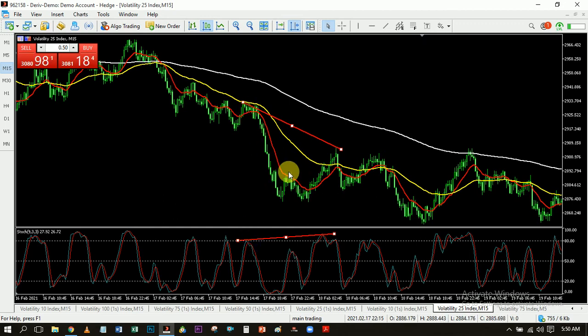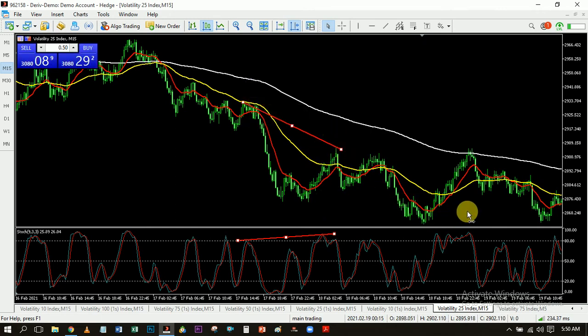Why I skipped this one is because you notice that this dropped to this level, this dropped to this level between here and here, and this level here did not get to this level, but on the stochastic it surpassed it. So this is a divergence. You can see that's why it dropped further.